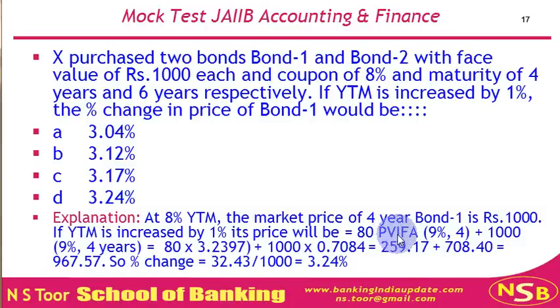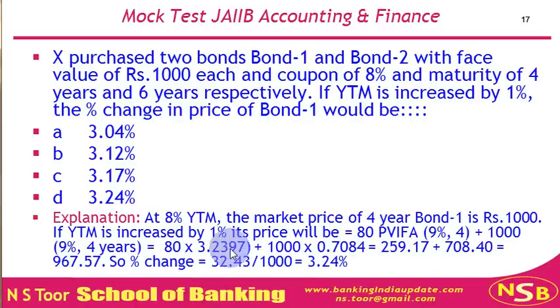So this table is not given here, but the values we have taken. For PVIFA at 9% for 4 years, the factor is 3.2397. So 80 multiplied by that factor. And for 1000, for 9%, for 4 years, the PVIF factor is 0.7084.